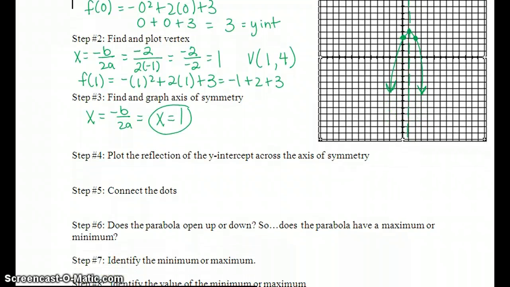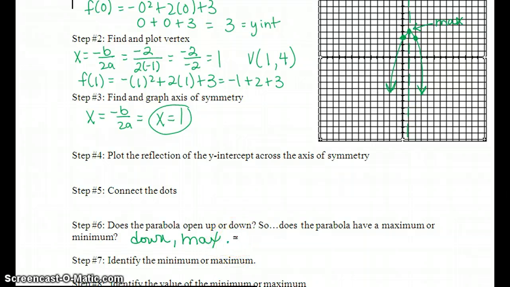Step 6 is asking you, does the parabola open up or down? Well, it opens down, right? And the ones that open down have a maximum value. There's my max right there. It says, does it have a maximum or minimum? Well, it has a max.